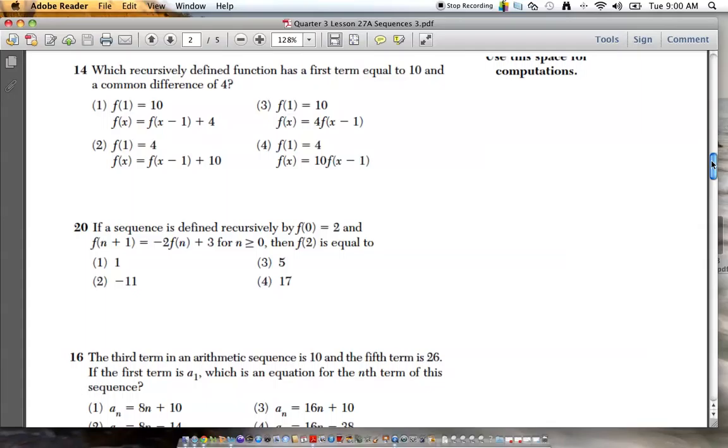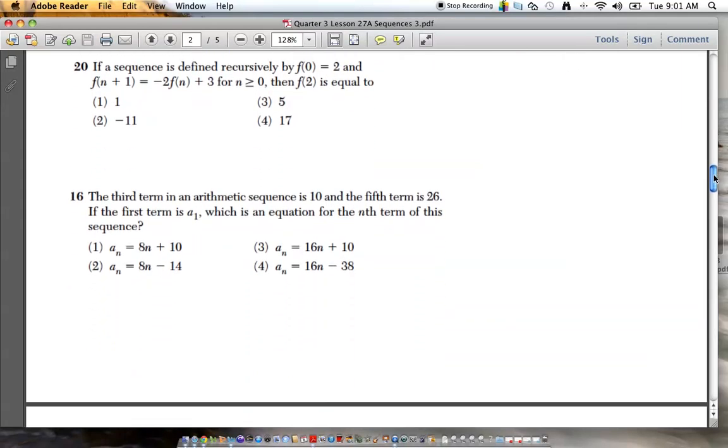Come on, have some guts. 3. Okay. The first term is 10 and the common difference of 4 means you gotta keep adding 4. Does choice 3 add 4? Yes. It's a difference because when you go from term to term, there's a difference of 4. If I multiply by 4, I'm not going to create a difference, I'm going to create a ratio.